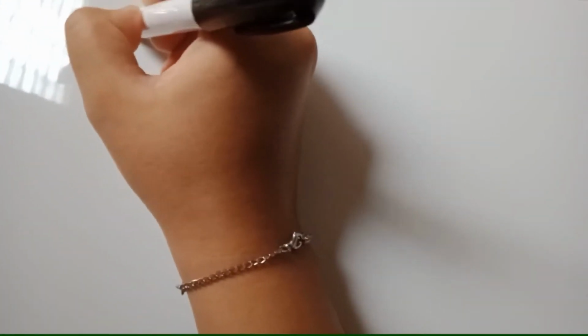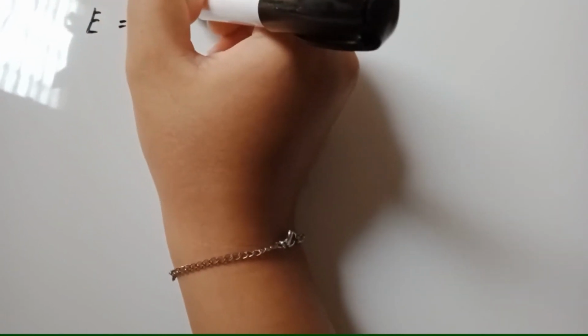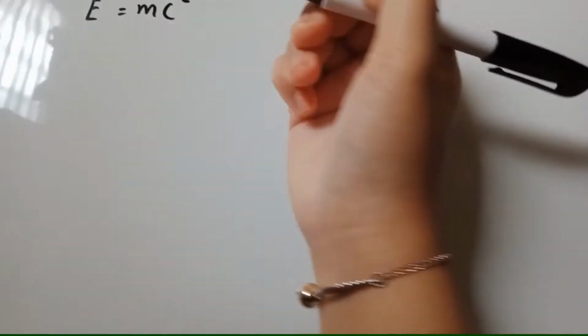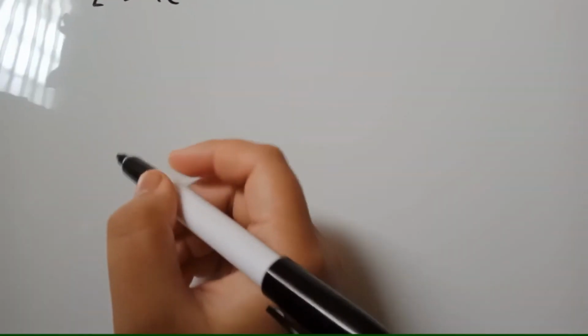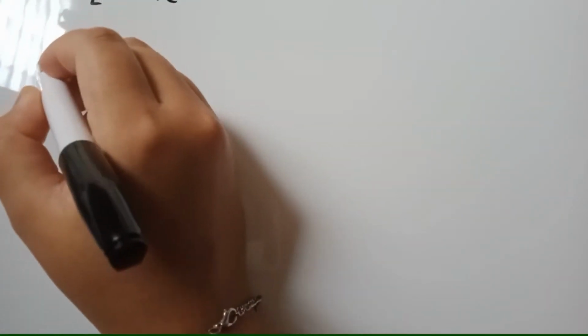Example, we use E equals mc squared. We want to express c as the subject. Okay, so the solution: we start by dividing each side of the equation by m.